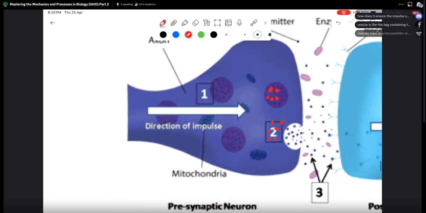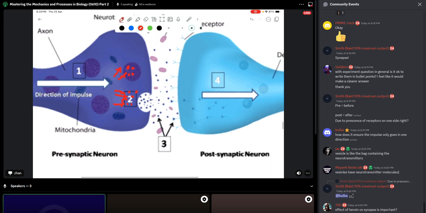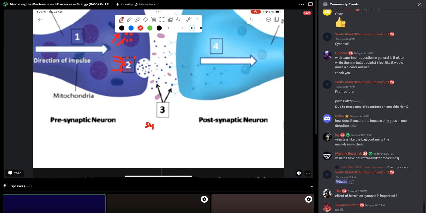When an impulse comes, it will stimulate the vesicles. After being stimulated, the vesicles release the neurotransmitter out into the synaptic cleft. This is called the synaptic cleft.